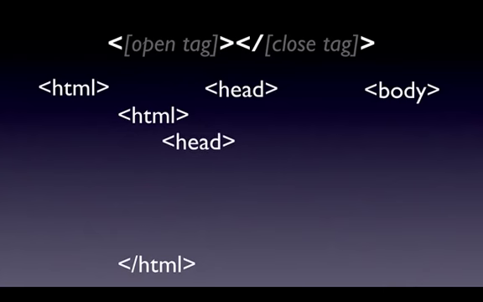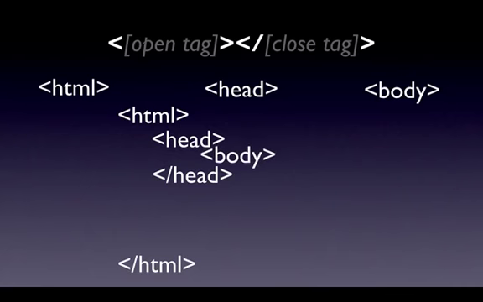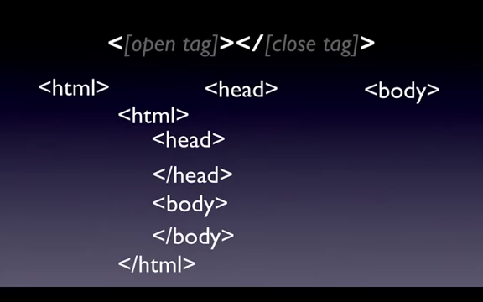The head tag nested inside the HTML, and then the body nested underneath the head section. So they're two completely different areas. The head contains most of the metadata and title structure, and the body contains the design and what actually appears on your website.